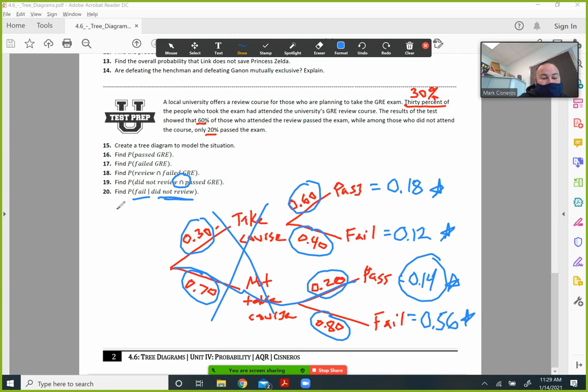The answer is just that 80%, because when that given sign is there, that means that this already happened. This did not review already happened. So if they did not review, then 80% of them failed. Okay. So that's what that symbol means, and that's how you interpret it.